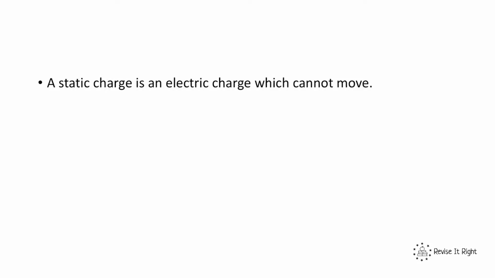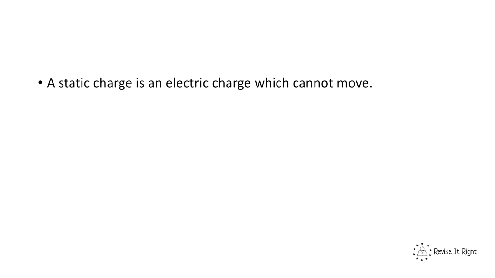A static charge is an electric charge which cannot move. Static charges are usually found on electrical insulators, where charge cannot flow freely through them. We've just said electrical insulators are where electrical charges cannot pass through, and therefore they cannot easily move.